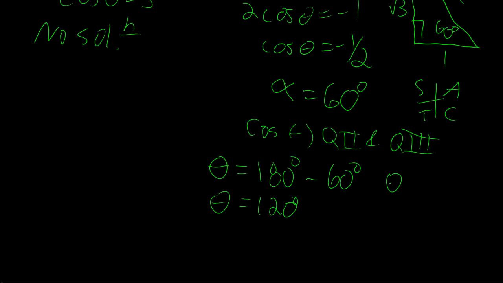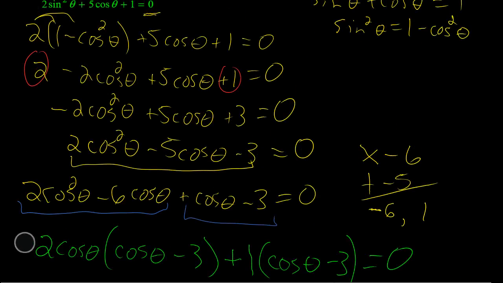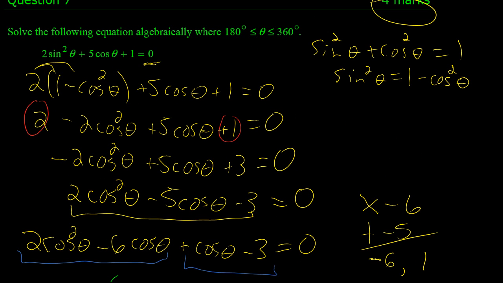And another possibility is quadrant 3. The start of quadrant 3 is 180. So 180 plus 60, which is 240. Now I just want to make sure both solutions are in the given interval. So I look up here at the question, way up at the top. So they want it between 180 and 360.